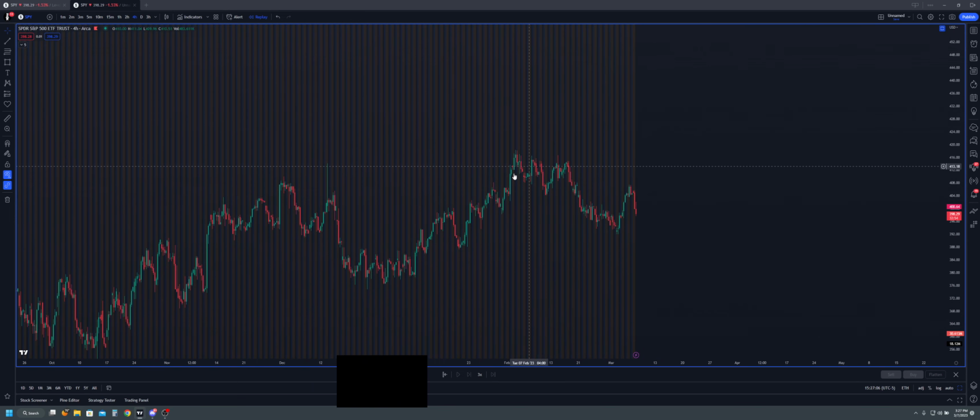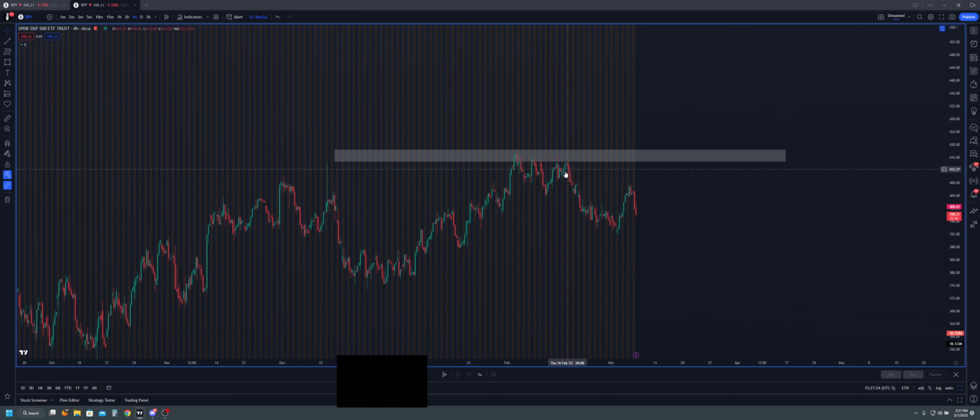You see it rejected here, rejected here, rejected here. Basically, that's a zone. That just created a zone. So you'll just take, let's say, the lowest point of the rejection zone and line it up here. So if price was to ever come back up here, you know that if it comes back anywhere here, it's gonna reject. It's gonna do what it did here.